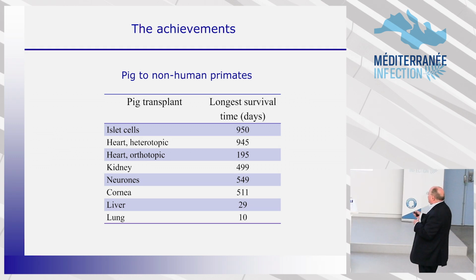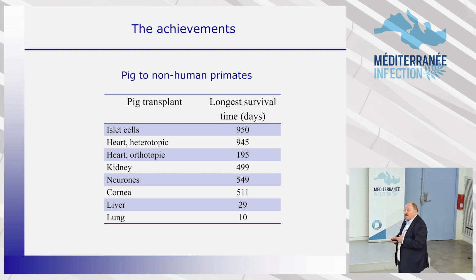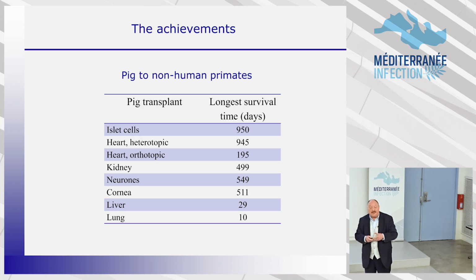Kidneys, neurons, only lung and liver are not so long, and you certainly heard that in January of this year the first transplantation of a pig heart into a human patient was performed, and the patient survived 2 months with this pig heart.